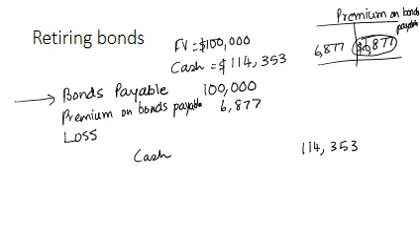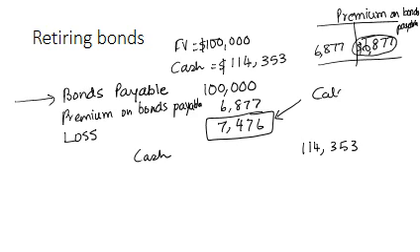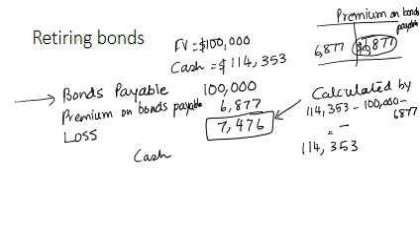Now the debits are not equaling the credits. The difference is the loss on retirement, which is 7,476. Now this number I calculated by doing 114,353 minus 100,000 minus 6,877 equals 7,476.